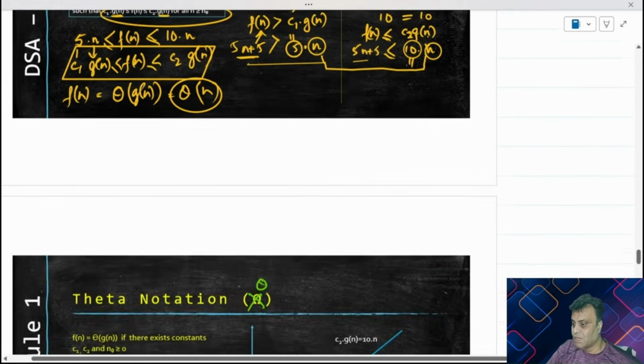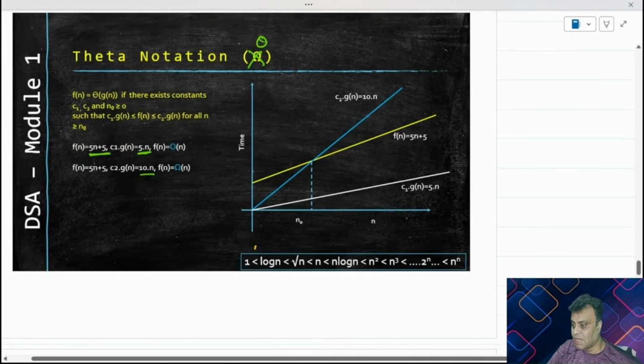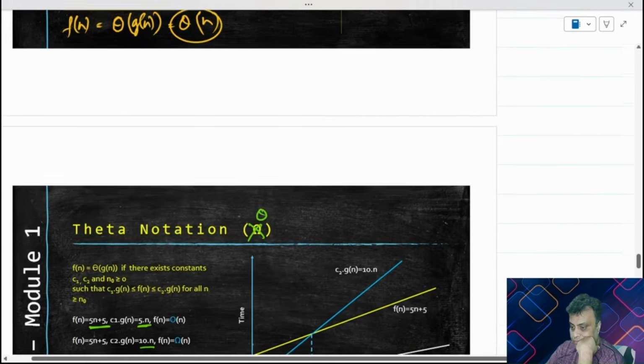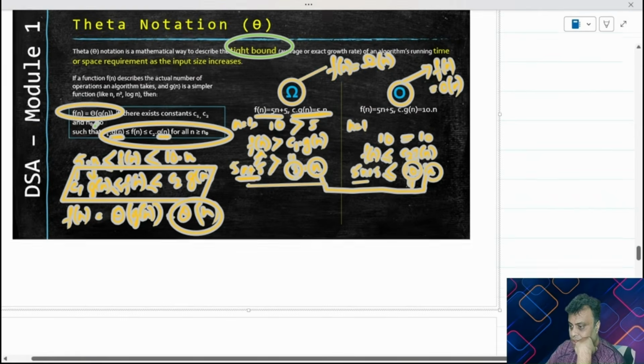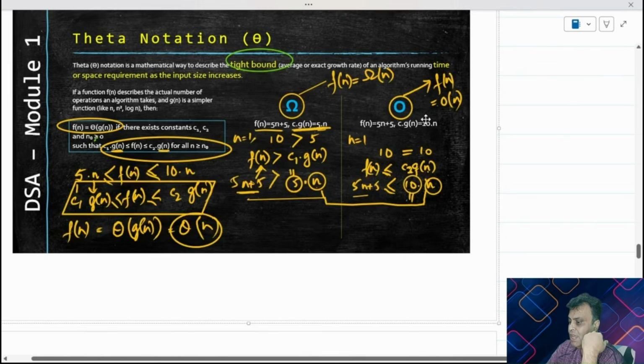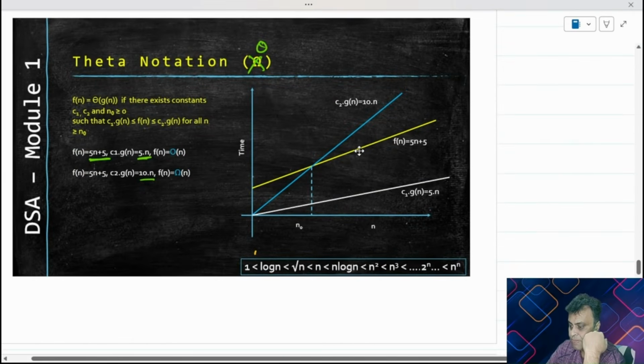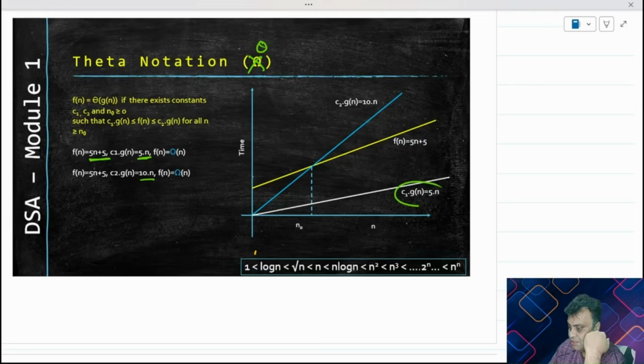So what we can see now is that for the big O, CGN was 10n, and for the omega, CGN was 5n, right? So here we have 5n. Of course, this is the lower bound to this function, so this represents your omega. And this is above this function, and hence it represents your big O, right?